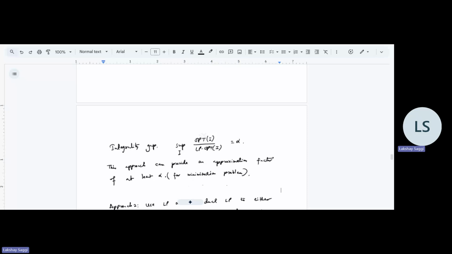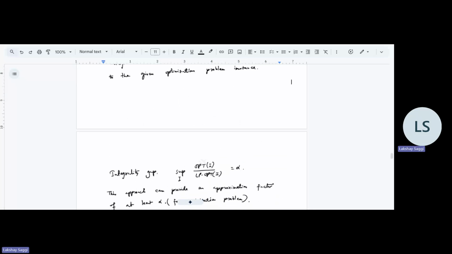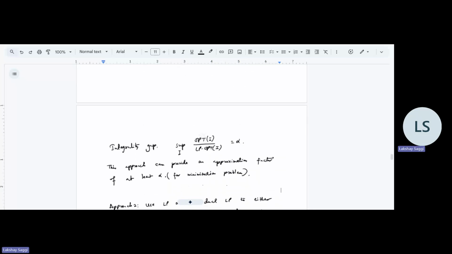So it might be the case that the one you come up with might have worse approximation guarantees, and some other linear program might have a better integrality gap. So the novelty lies in designing the linear program as well as rounding the linear program.